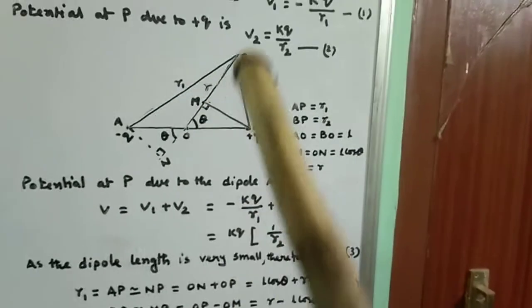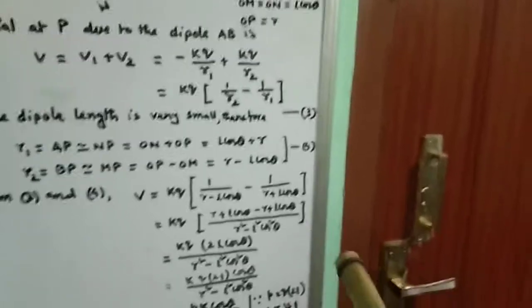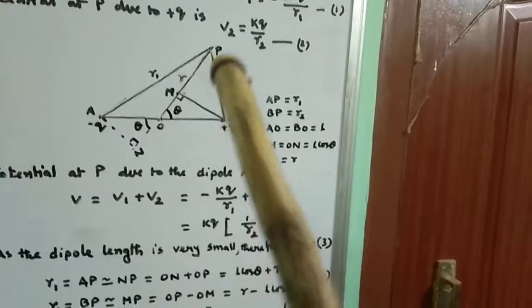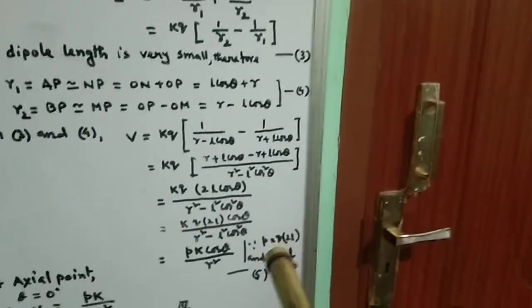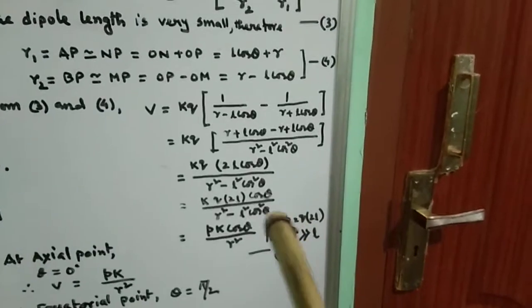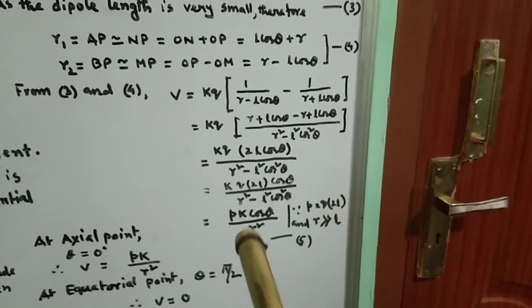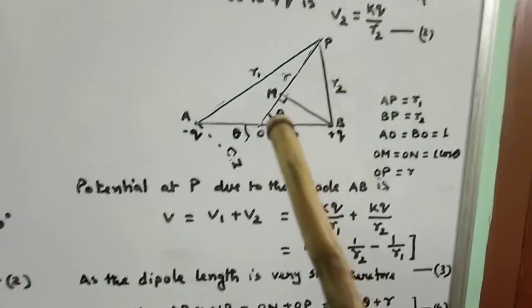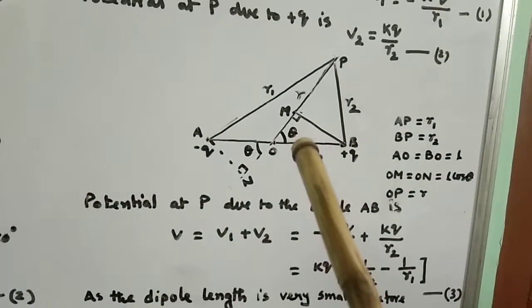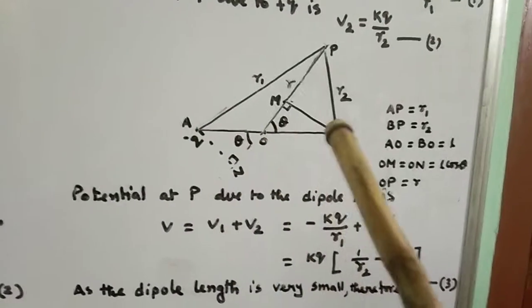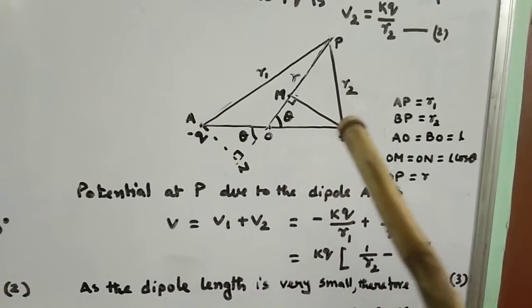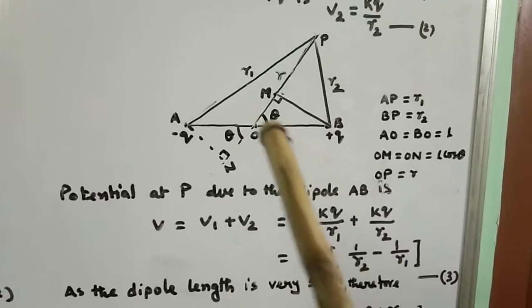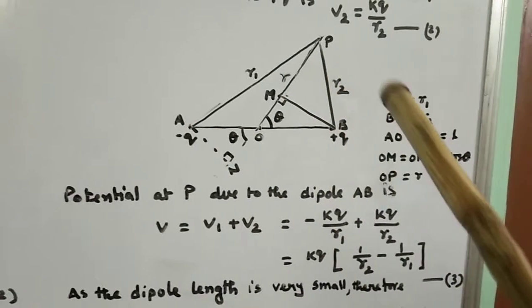Now small p is your dipole moment. Don't confuse this alphabetical P, the point, with this small p, the dipole moment. We already used this in chapter 1. Now theta, you see in the figure. Theta changes with the axial line as well as the equatorial line. In the axial line, theta goes to 0 because this point P comes to the axis.